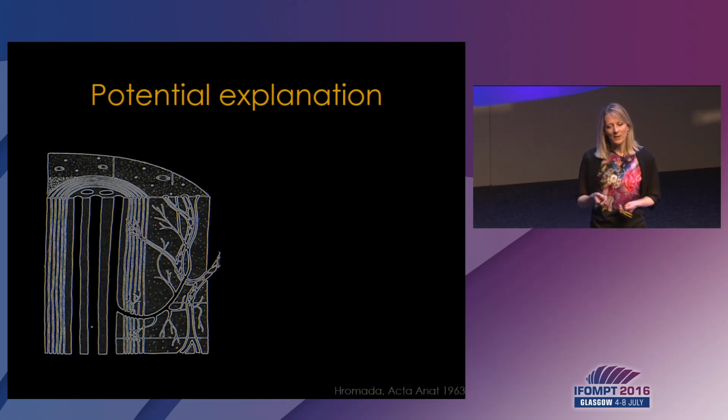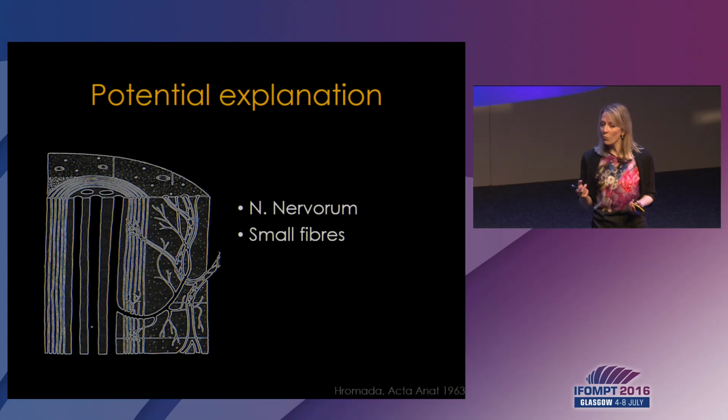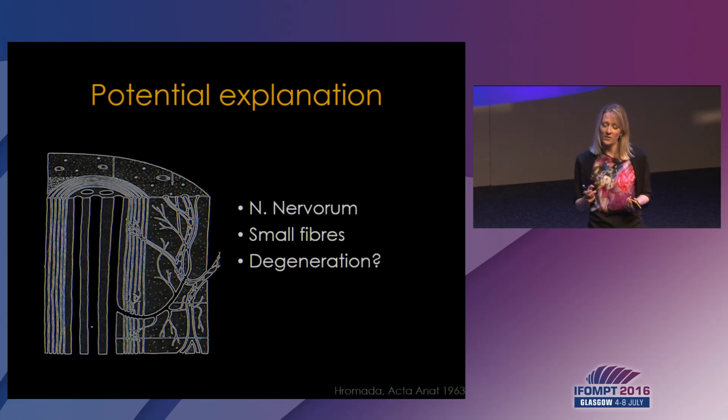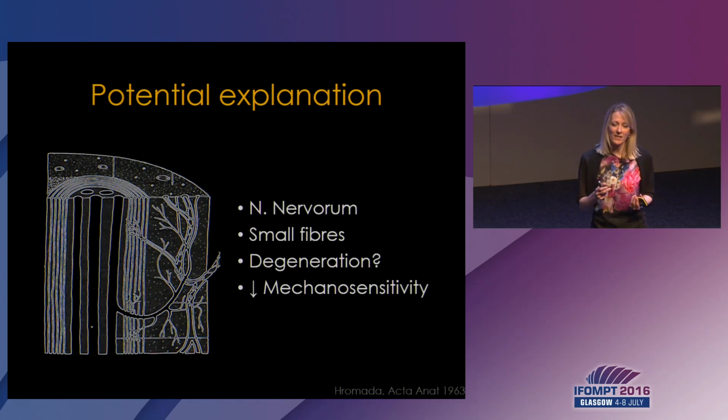We commonly accept that mechanosensitivity is in part mediated by this nerve in a worm, and they are, to a vast majority, small fibers. So if it is indeed that these small fibers degenerate in our patients with entrapment neuropathies, it might well be that these patients become less mechanosensitive if they have a more significant degeneration of these small fibers.